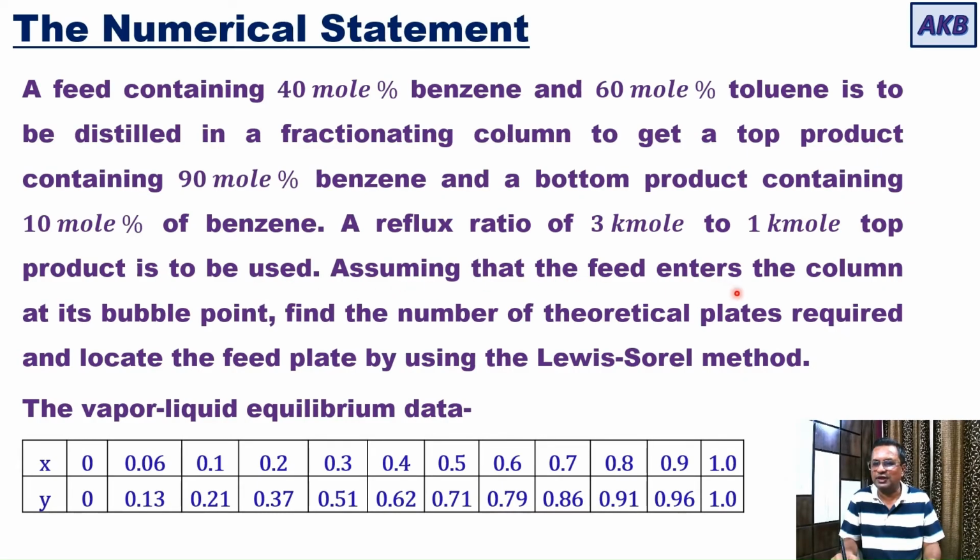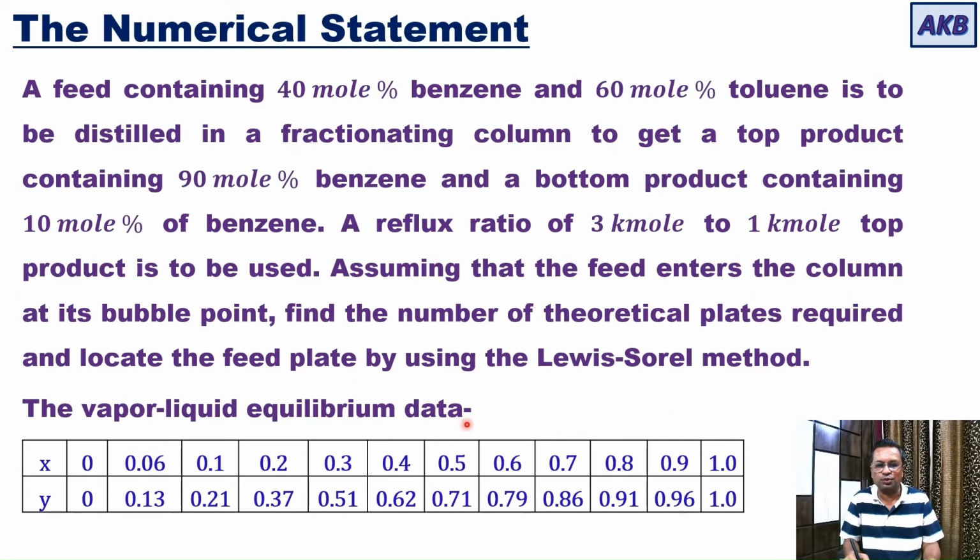Assuming that the feed enters the column at its bubble point, find the number of theoretical plates or equilibrium plates, or you can say ideal plates required to bring about the desired change. We are also supposed to locate the feed plate, and for this we will be using the Lewis-Sorel method.